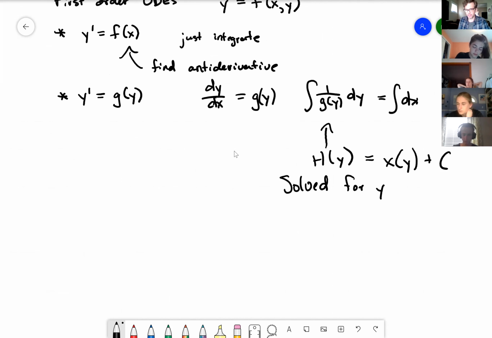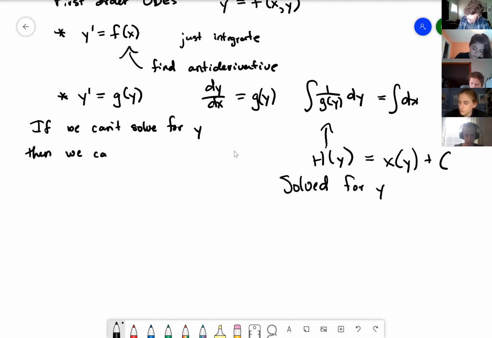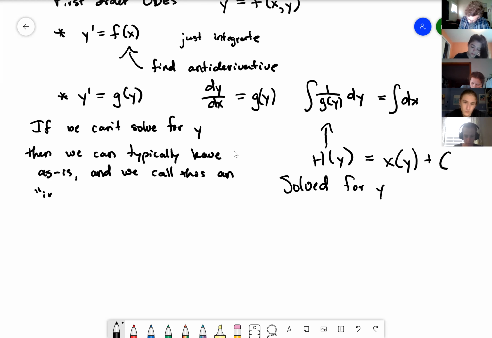Now, we didn't talk about this that day, but what happens if we get into a situation where we can't solve for y to get y as a function of x? Then we can typically leave it as is, and we call this an implicit solution.